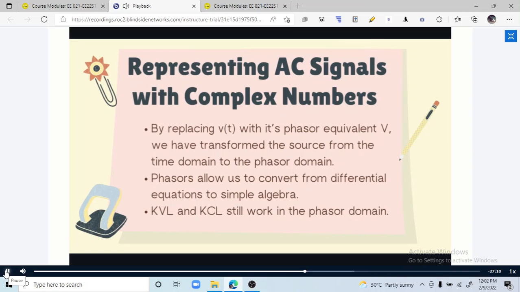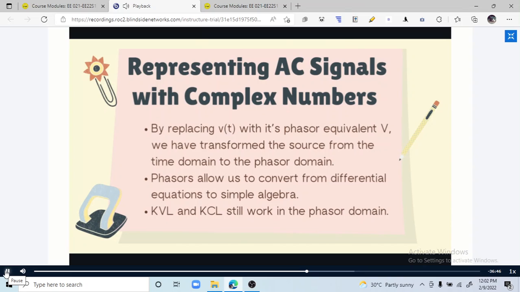By replacing our VT, which is the sinusoidal format, or the time domain format, what I represented a while ago with 20 sine omega t plus 30 degrees, that is what we call the time domain format.